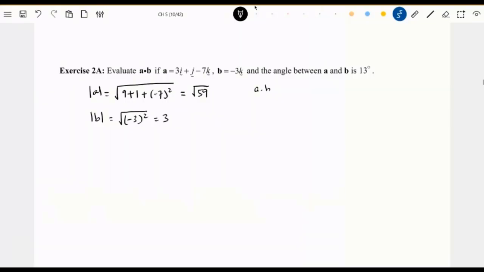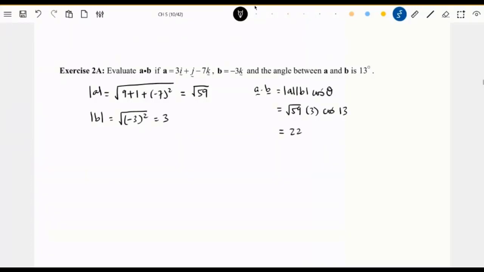Now A dot B will be equal to magnitude A times magnitude B times cos theta. So square root 59, and then we multiply with the 3 here, times cos 13. What is the final answer? Calculator in degree mode, not radian. 22.45.